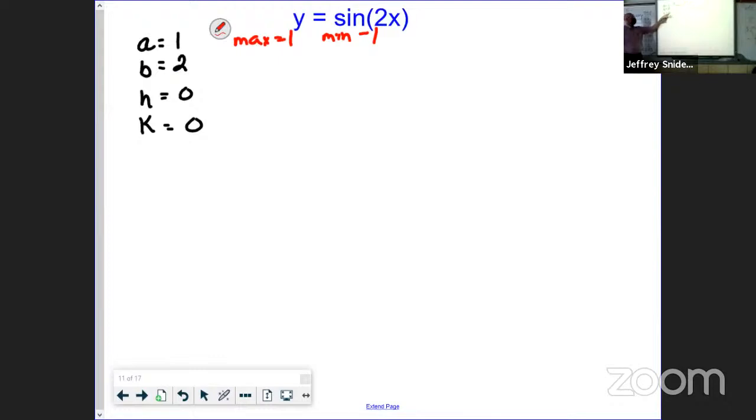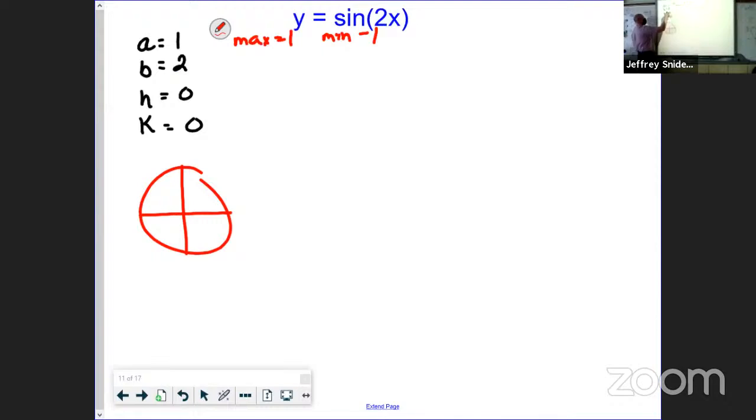0. If there's no horizontal shift, where does it always start? What angle does it always start at, guys? Where does the unit circle start at? Standard position, where? If I draw an angle in standard position, where do I start at? 0.